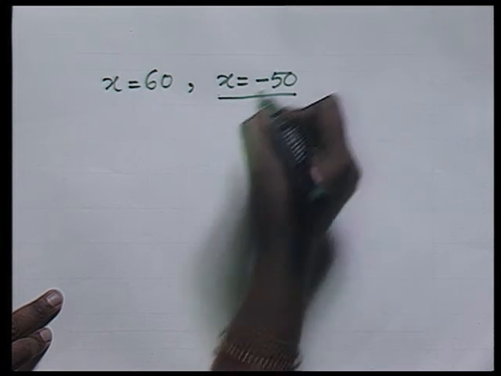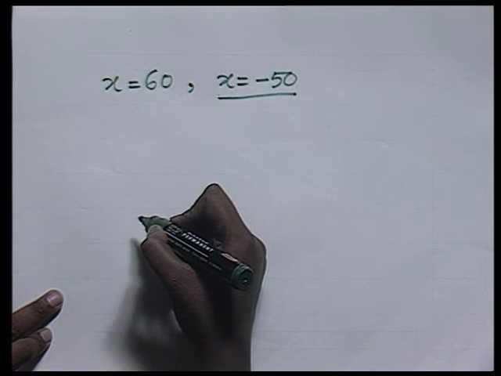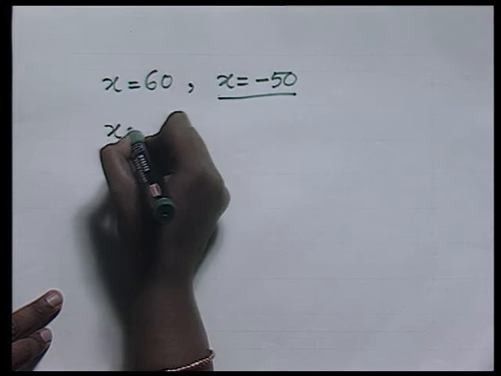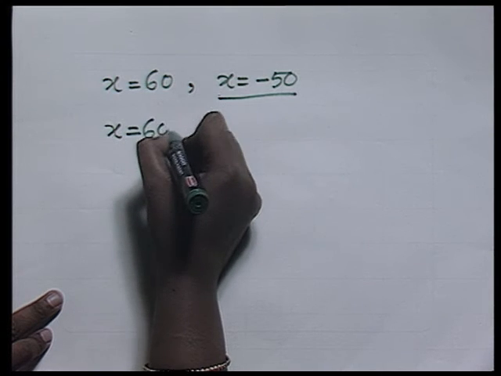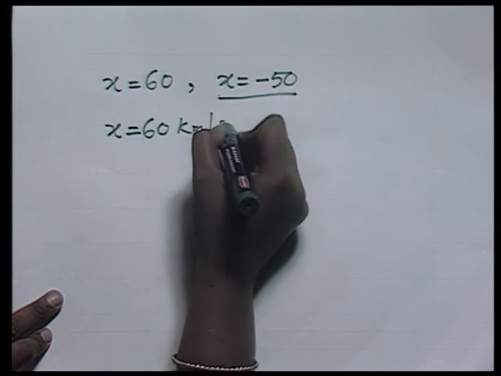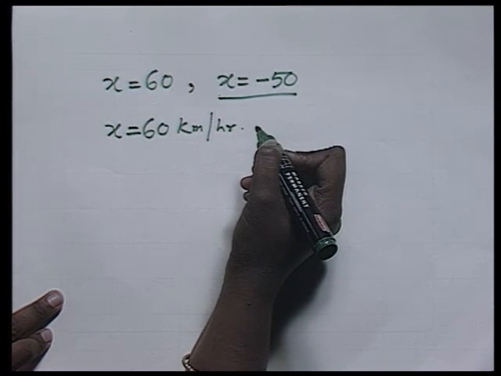But we had taken x as the average speed of the train. Can the average speed of a train be in negative value? No. So, we rule out this possibility, and hence the average speed of the train will become 60 kilometers per hour, which was what we were asked to find.